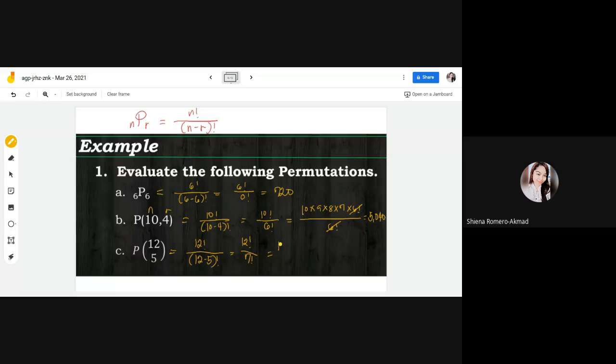Or we can do 12 times 11 times 10 times 9 times 8 times 7 factorial divided by 7 factorial, then cancel out. What will be the answer? 95,040.